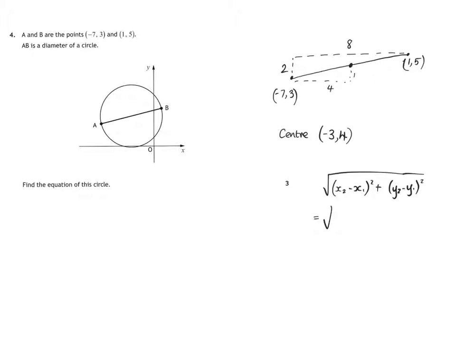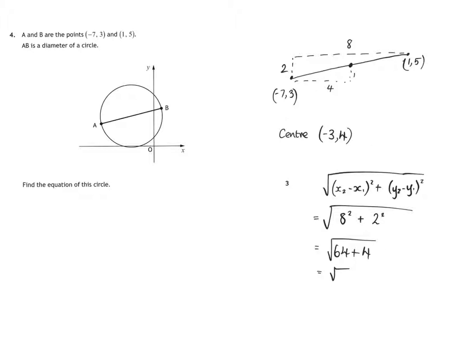So we're going to have the square root of 8 squared plus 2 squared, because we're finding the length of the hypotenuse of the triangle we drew for part 1. So that's going to be the square root of 64 plus 4.